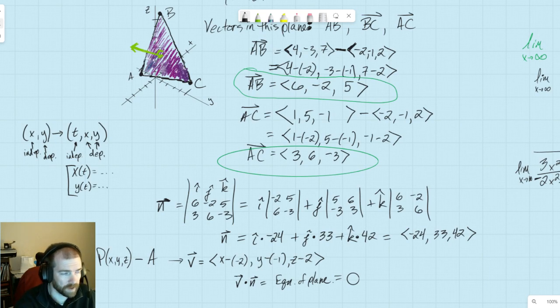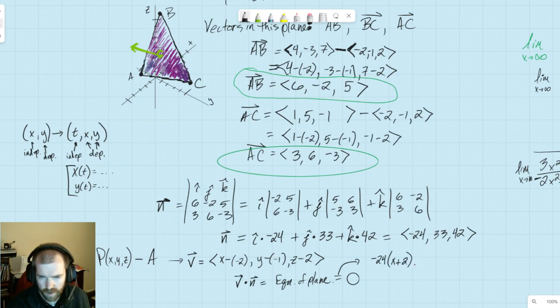So dot product of those things ends up being -24 times the quantity x plus 2, by 33, oh no, plus, right, because it's a dot product.